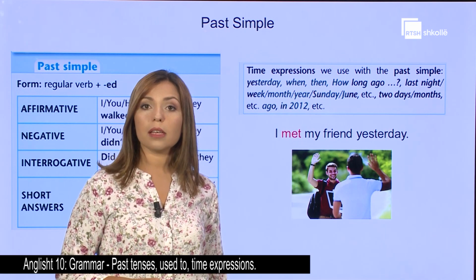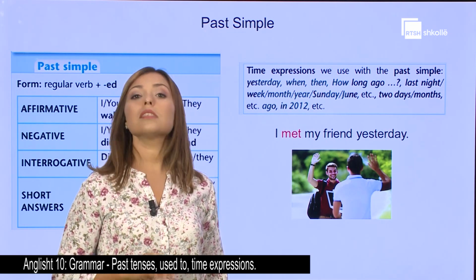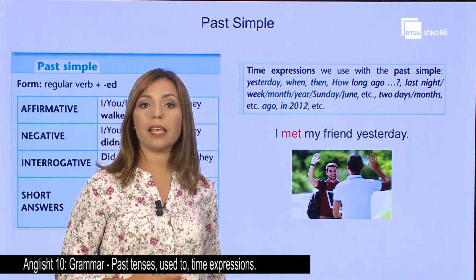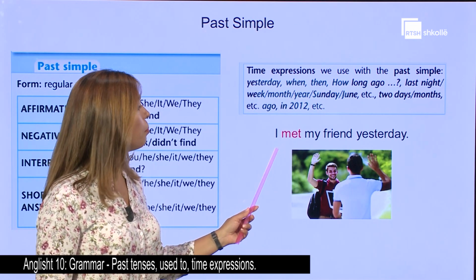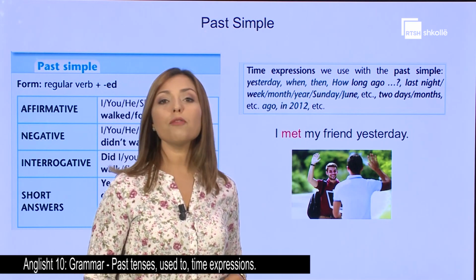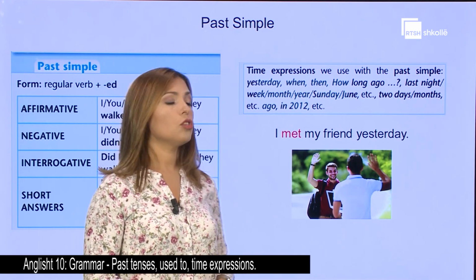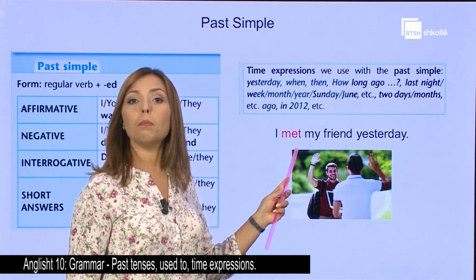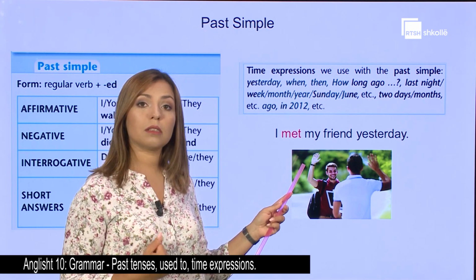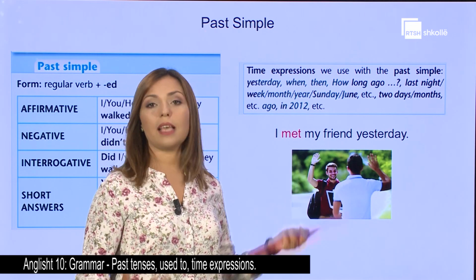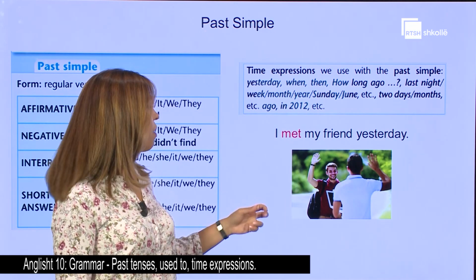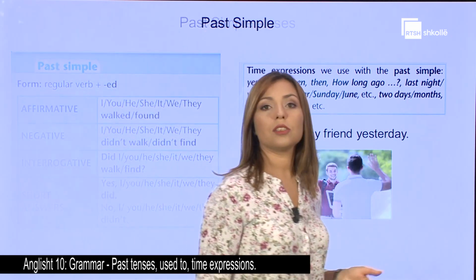So in the past, the time that something happened is stated. We know when it happened. And we see an example. I met my friend yesterday. So, it's the verb meet. In the past, it becomes met. When? Yesterday. So, I know that it happened yesterday.